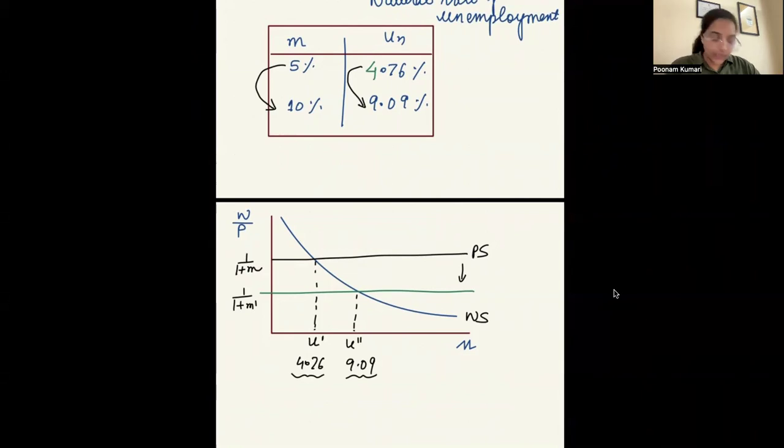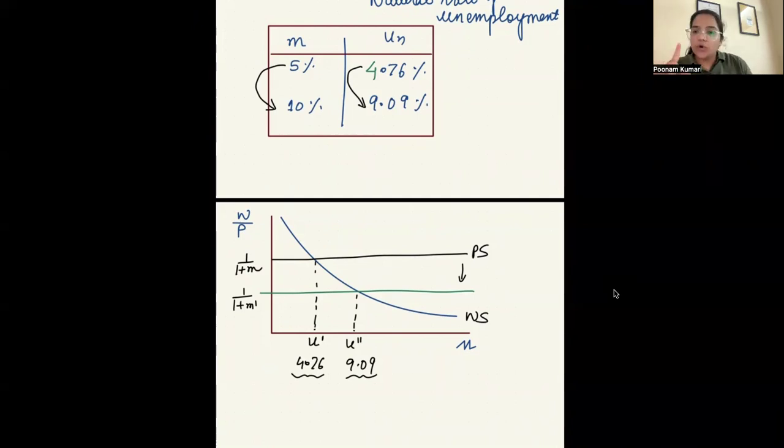Ma'am, what's the logic behind it? Yes, so now the logic comes into the picture. Now because markup increases, the overall real wage that the firm is willing to offer the people has gone down. The firm is raising prices, right? So it is willing to pay a lesser amount of real wages. W by P has gone down.